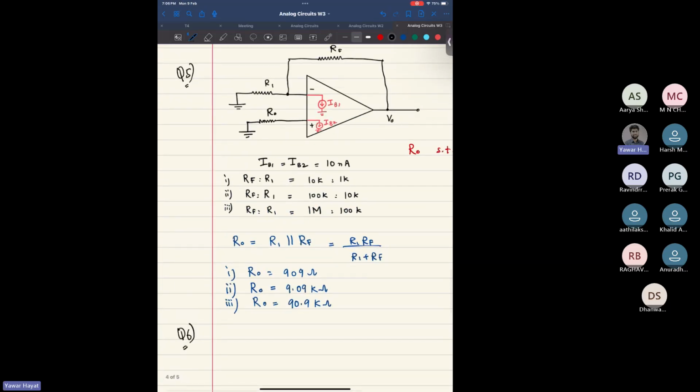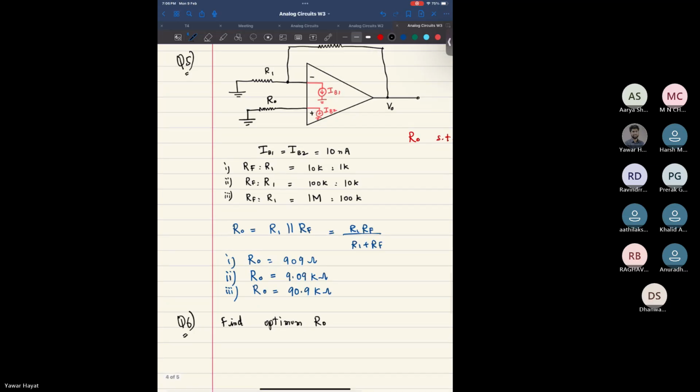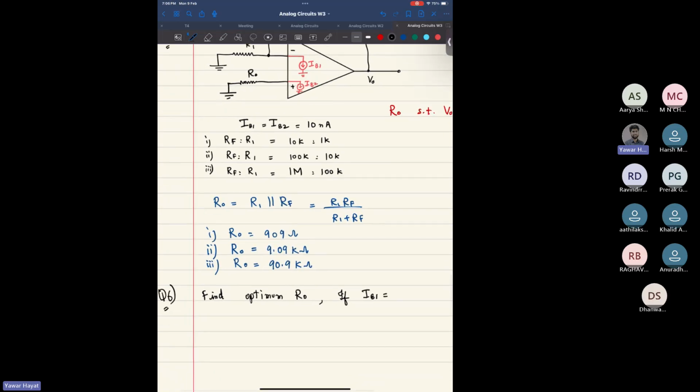So for the same circuit, let's try to find the optimum value of R naught. Okay. If your bias currents are not same, suppose, I mean, my IB1 and IB2 are not same. Okay. Let me write that up. Find optimum R naught. If IB1 and IB2 are not same, let's take a particular case.